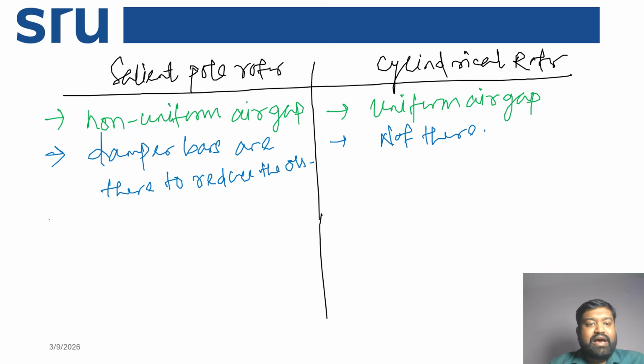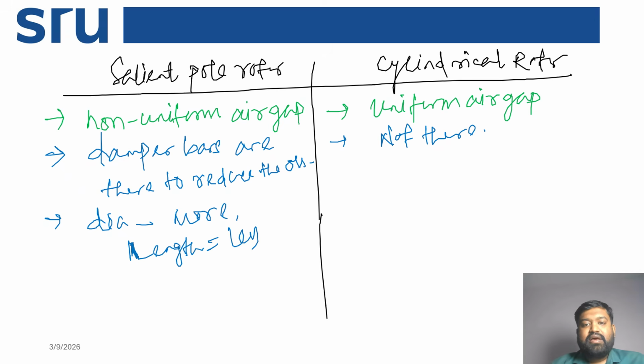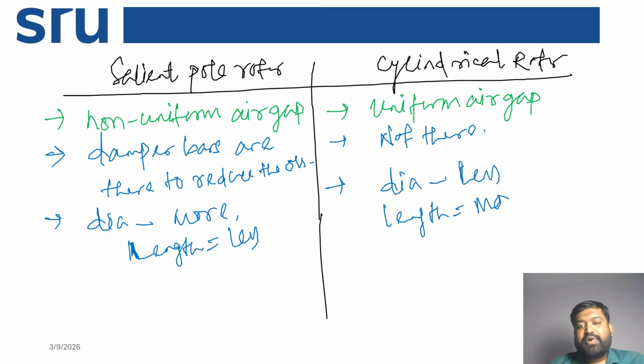Okay. Then third point, you see the diameter is more and the axial length is less. Length equal to less. But in this case, what we can say is that the diameter is less, but the length will be more. Okay.